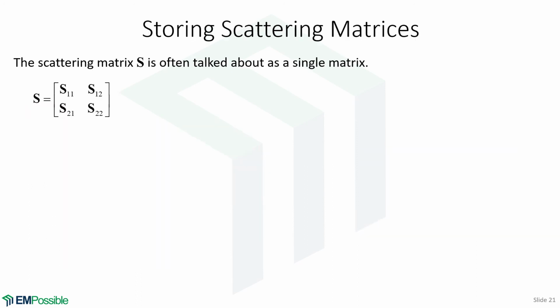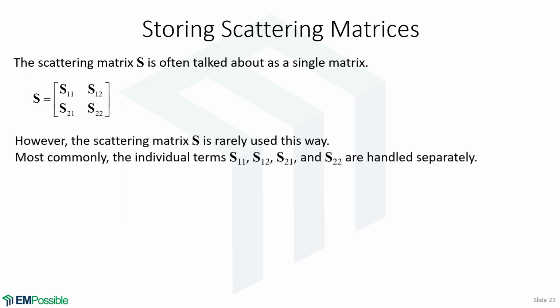Let's think about how we store the scattering matrices. We always seem to talk loosely about the scattering matrix, and it sort of implies that we're going to store the scattering matrix as one big matrix. But in fact, that's not correct. We want to store the 4 things separately because we're always using the elements separately. If we stored it as one matrix, we'd be constantly having to pull out quadrants of that matrix and stick them back in. So we don't do that.